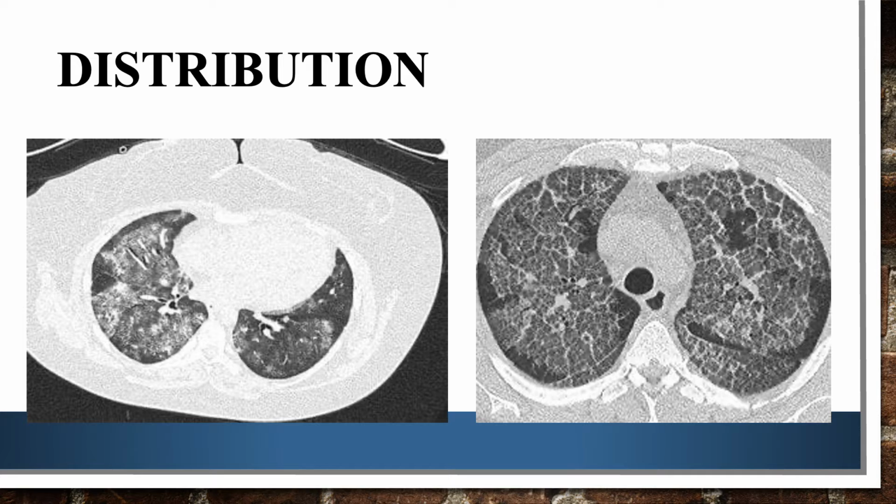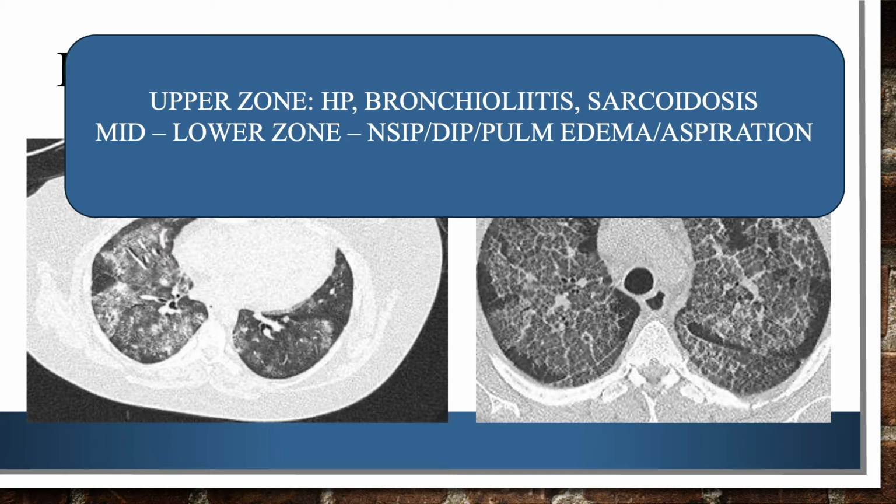The spatial distribution of the ground glass opacification in a lung can give us more clues towards the differential. For those ground glass opacities which are more in the upper zone, the common differentials include hypersensitivity pneumonitis, bronchiolitis, and sarcoidosis. But in the middle and the lower lung zone, it could be the onset of ILDs like NSIP, pulmonary edema, so dependent opacities, even hemorrhages, as well as aspiration syndromes.